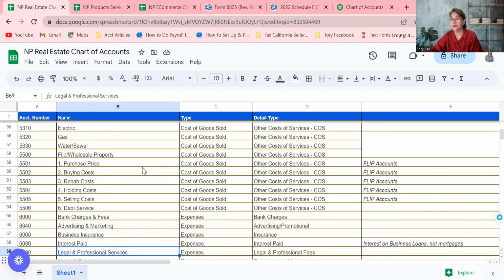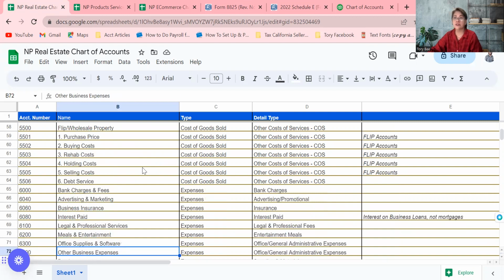Oh, here is another real estate account: flip and wholesale property. Did I already explain what flip is? It's when the investor has purchased a revenue generating asset, for example a house, and it is up for sale within a year, but you still have to renovate it so that you can demand a better price and better gain.